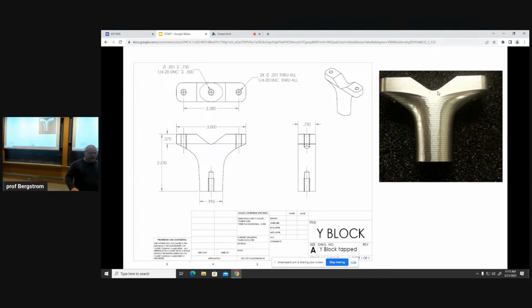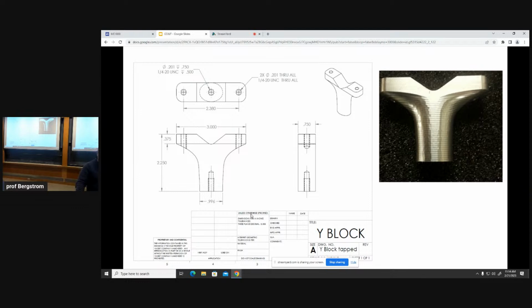So on my rough drawing here, you can see that every dimension that's called out has 3 decimal places. So there's 2.380, 0.500, right? All these dimensions that are called out have 3 decimal places.